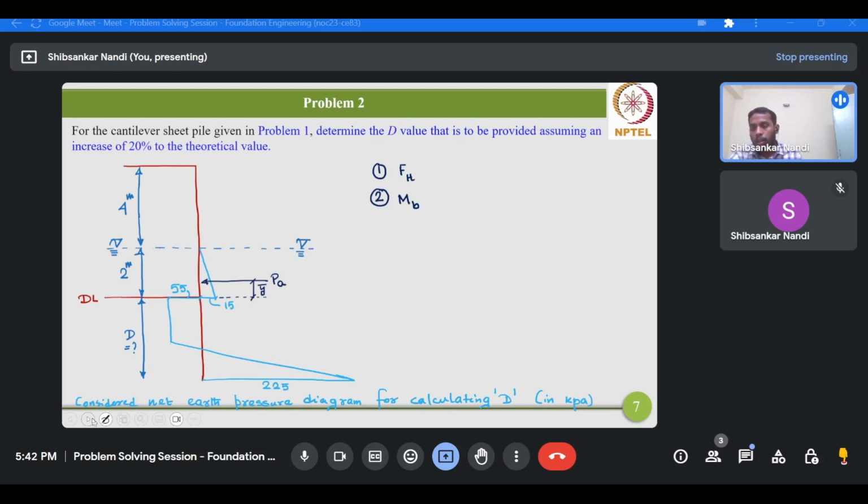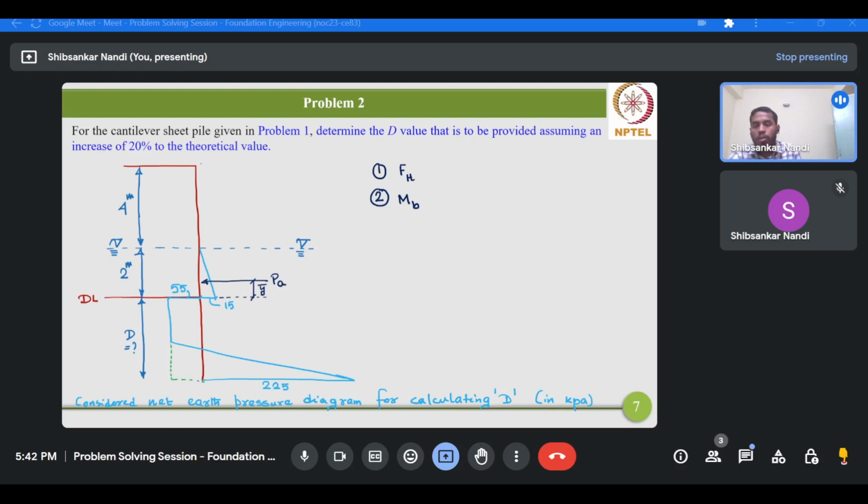Now we'll basically extend this rectangular distribution up to the base of the wall.